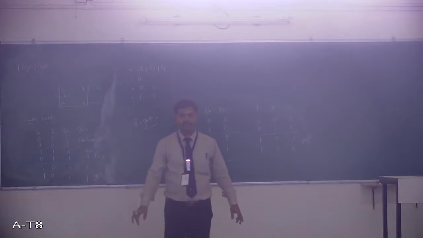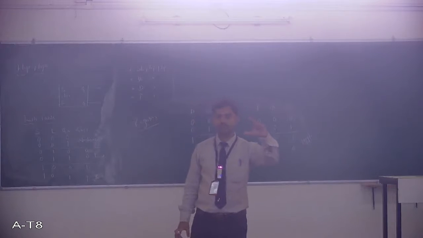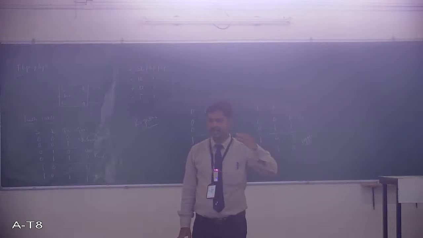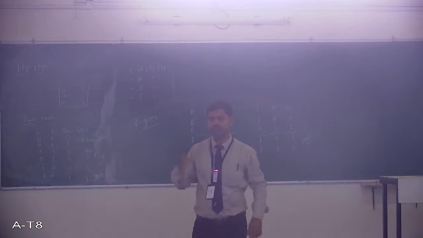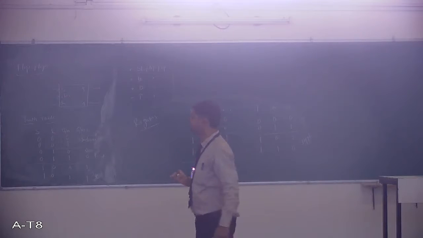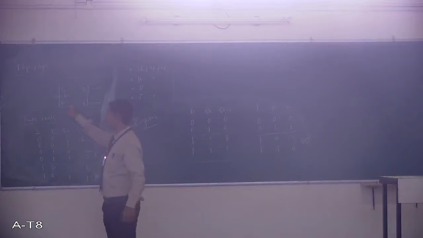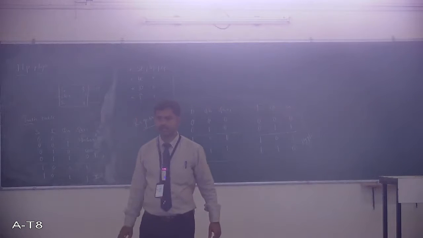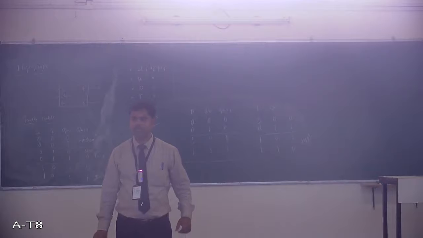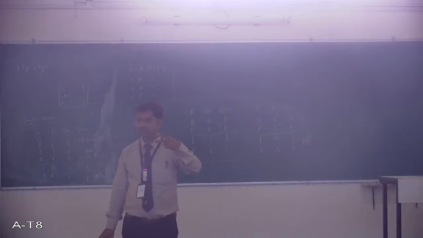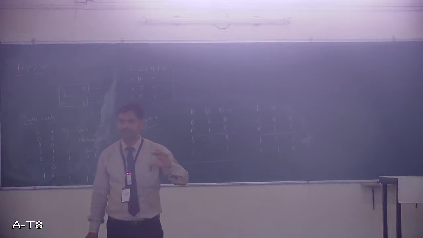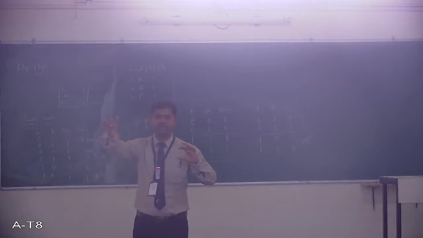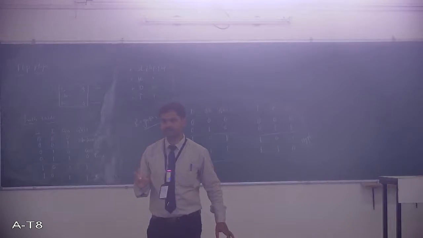When you look at that diagram, you have 2 inputs, S and R, and 2 outputs, Q and Q bar. You have one more input, that is a clock, the triggering pulse. S and R are the 2 inputs which you must apply, and you get the response at Q and Q bar.